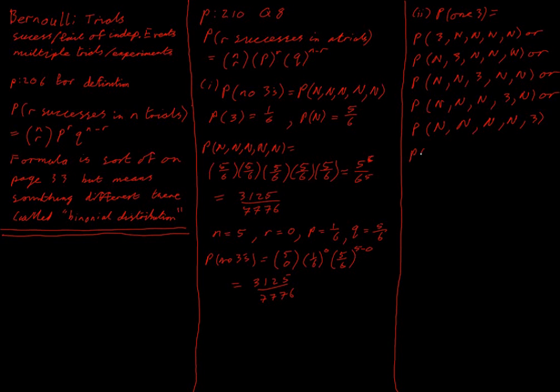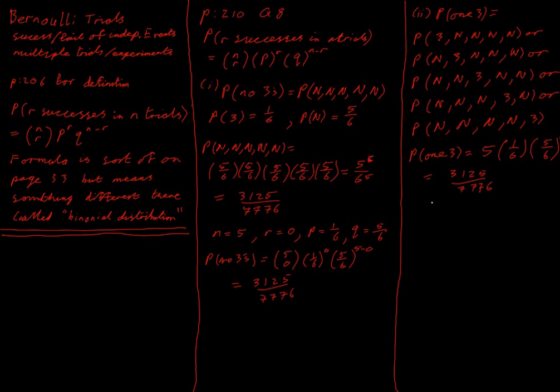So probability of 1 3 would be 5, because there's 5 of these, of 1/6 by 5/6 to the power of 4. When we put that into our calculator, we will get 3,000. Oh yeah, it works out as being the same as from part 1, but there isn't any significance to the fact that they're the same.